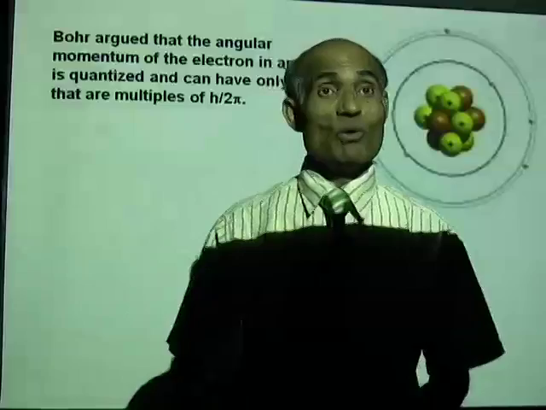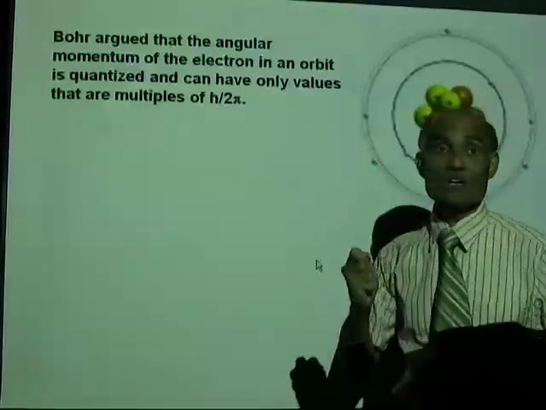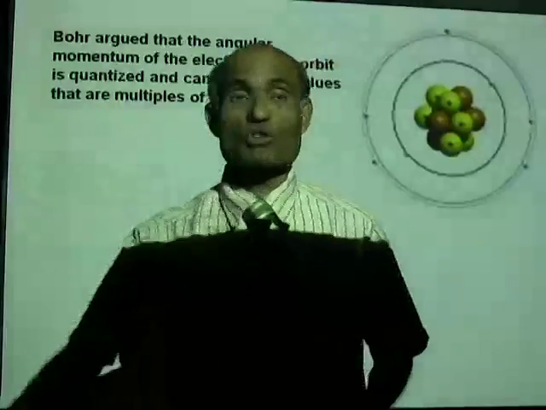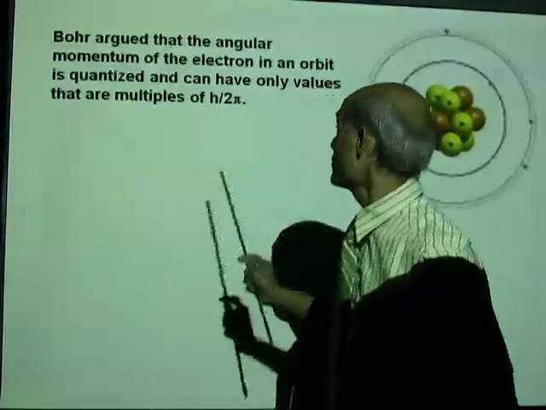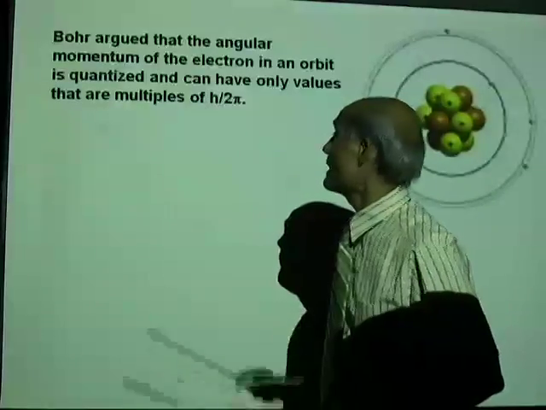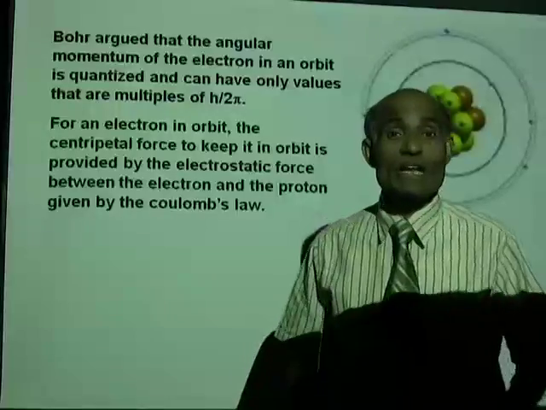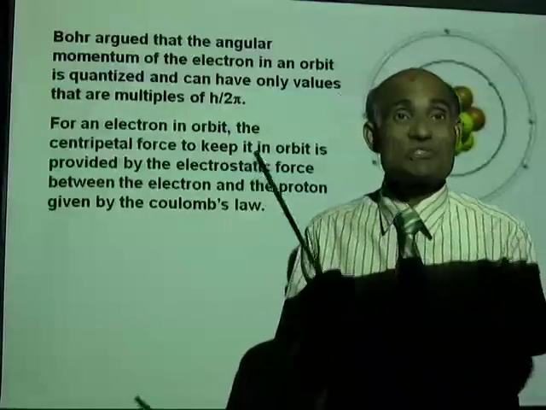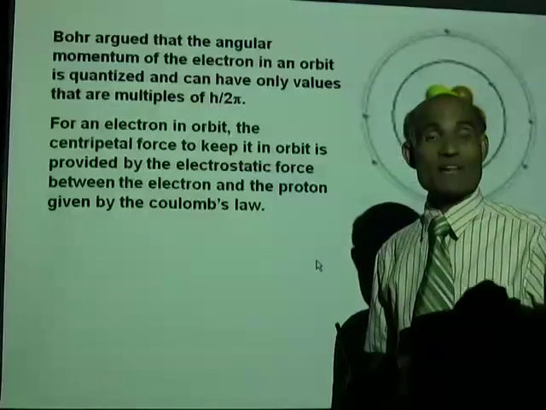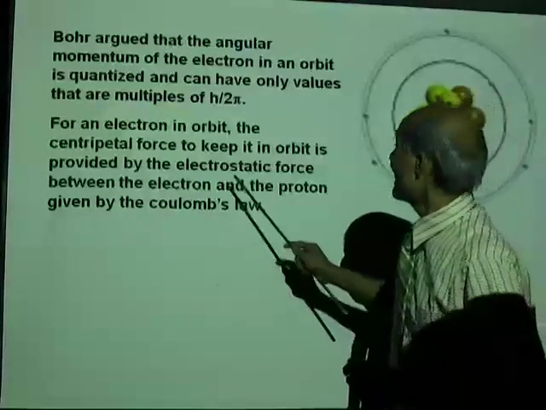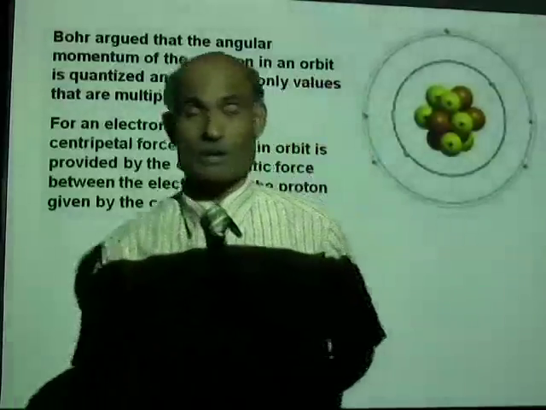So according to Bohr, the energy of an electron is quantized. The angular momentum of an electron is quantized, and it can only have values that are multiples of h over 2 pi. For an electron in orbit, the centripetal force to keep the electron in orbit is actually provided by the electrostatic force between the electron and the proton.